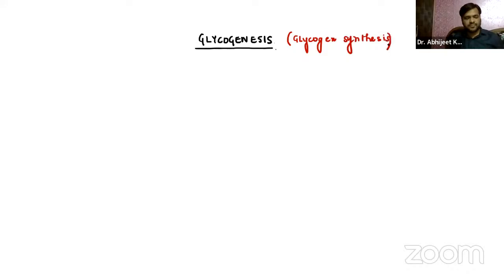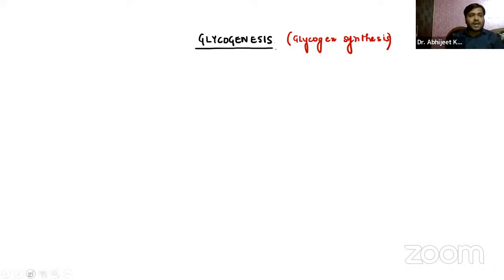Let me explain one concept here. Why is the storage form of carbohydrate not glucose? Why is glucose supposed to form glycogen? Why can the body not store glucose? That is again a very important practical viva question that the examiner can ask you.